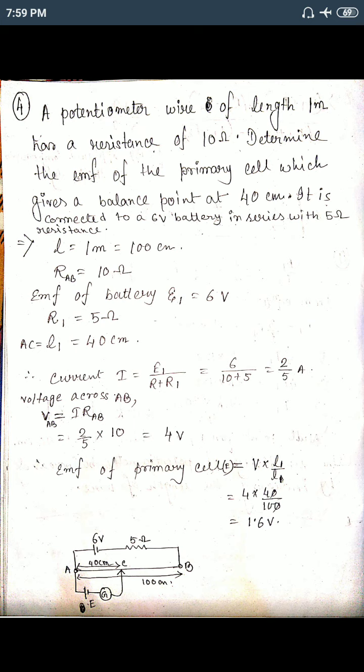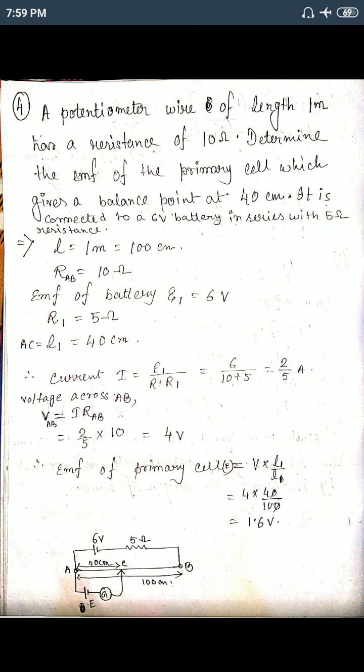RAB equals 10 ohm. R1 equals 5 ohm. R1 is the external resistance. L1, that is AC, where we get the null point when we connect it with another primary cell E, that is 40 centimeter. So the total resistance of this circuit, that is 10 plus 5, 15 ohm.